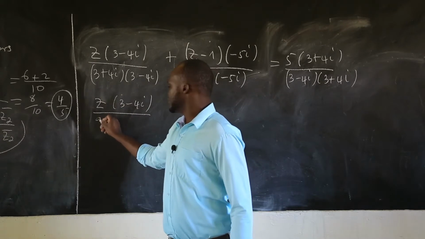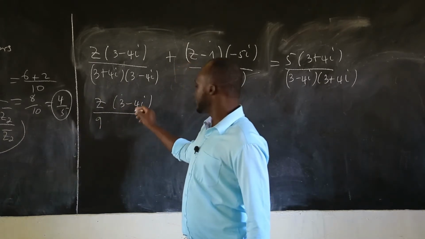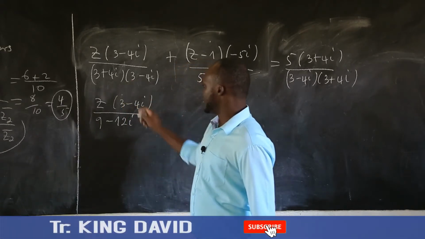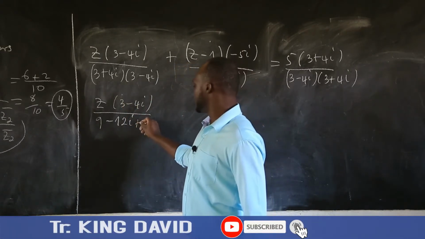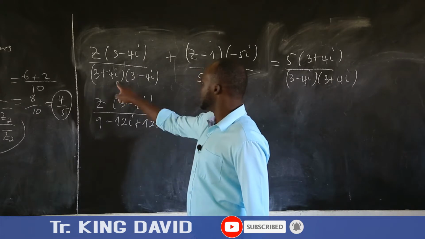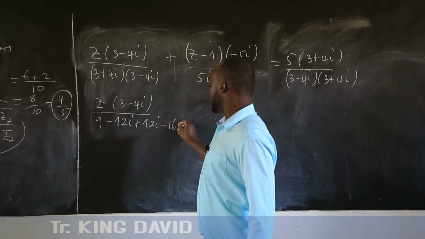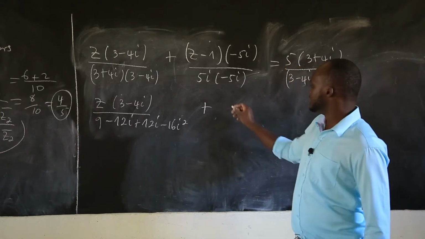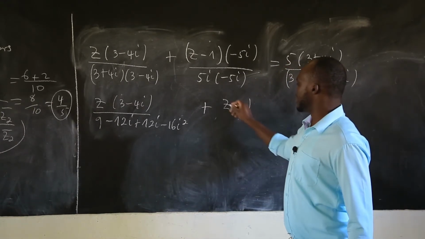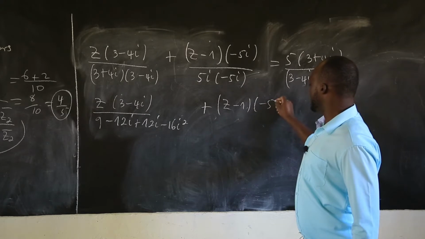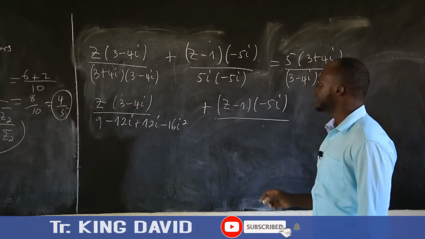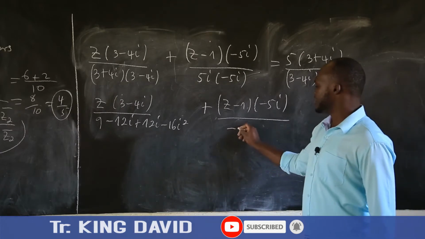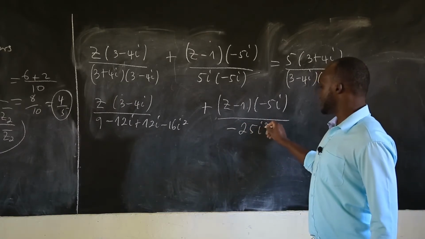So that is Z times 3 minus 4i divided by 3 times 3, that is 9. 3 times negative 4i is negative 12i. 4i times 3 is positive 12i. That is minus 16i squared. Plus Z minus 1 times negative 5i divided by 5i times negative 5i, that is negative 25i squared.